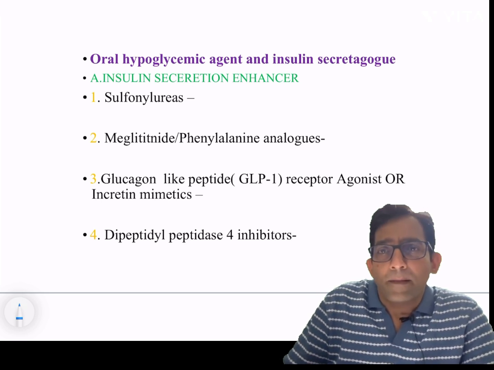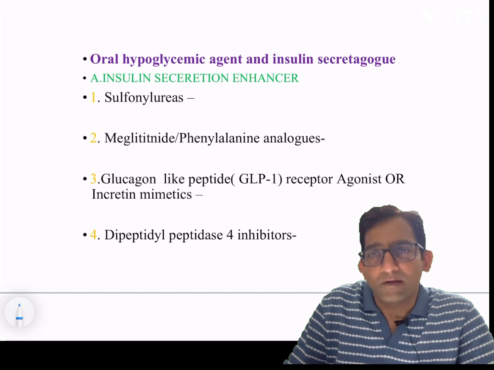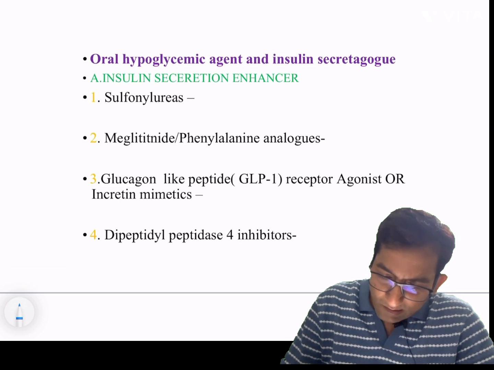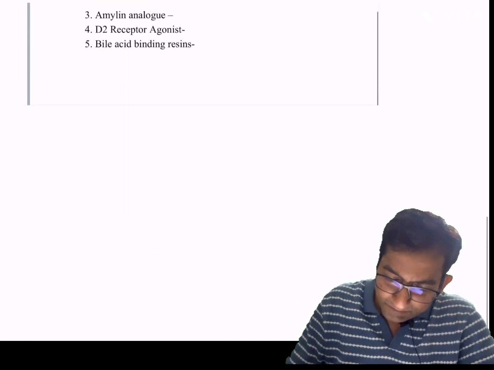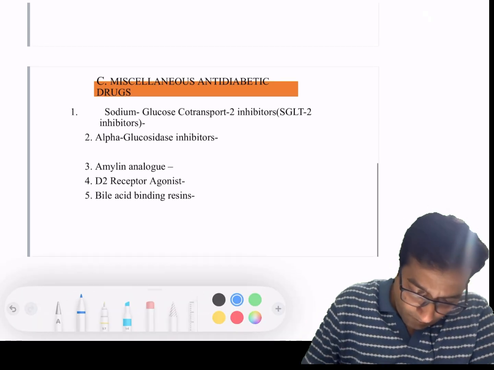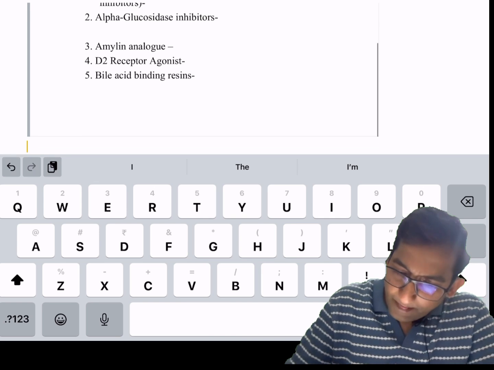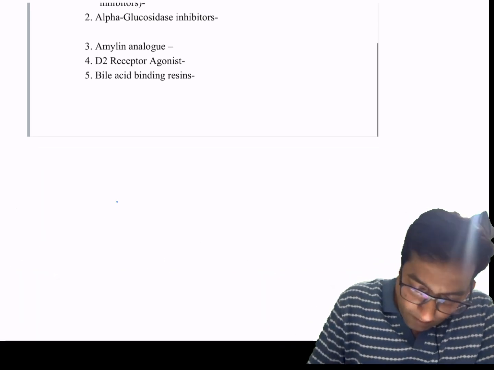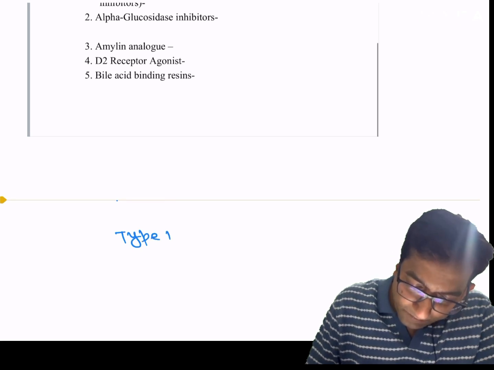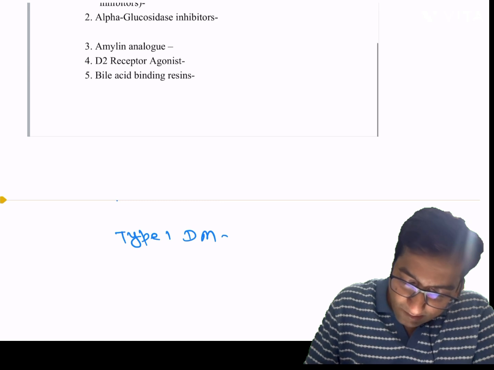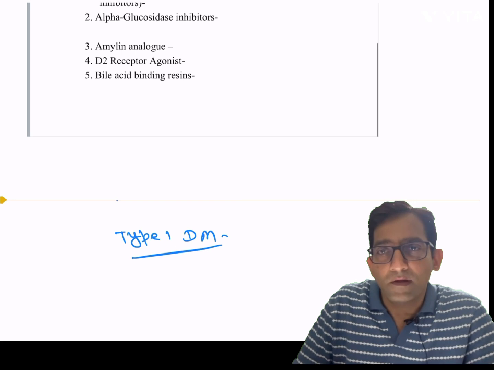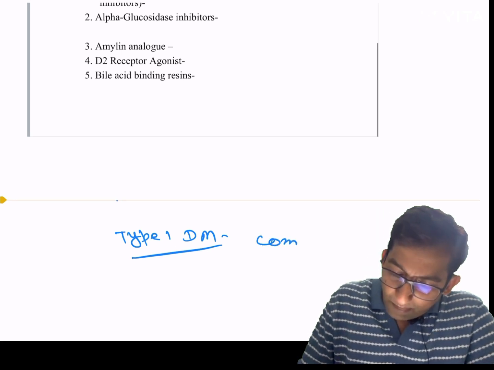Now we know the different types of diabetes mellitus. The first one is called type 1 diabetes mellitus. In type 1 diabetes mellitus, there is complete destruction of the beta cells of the pancreas.